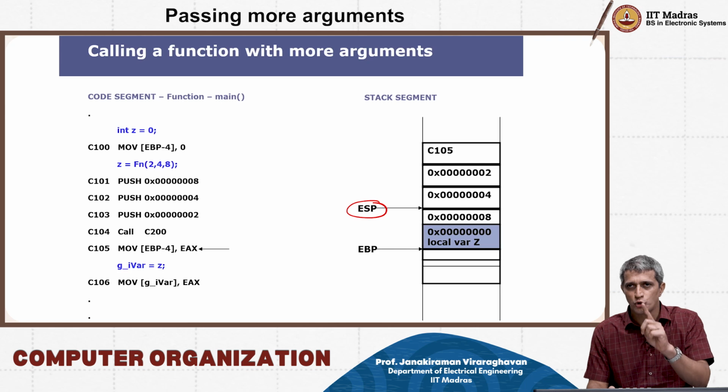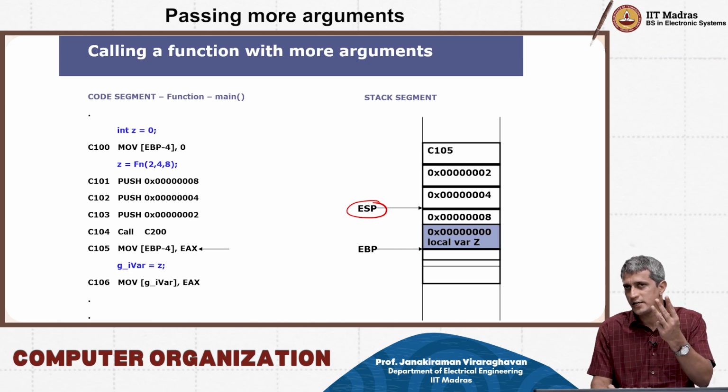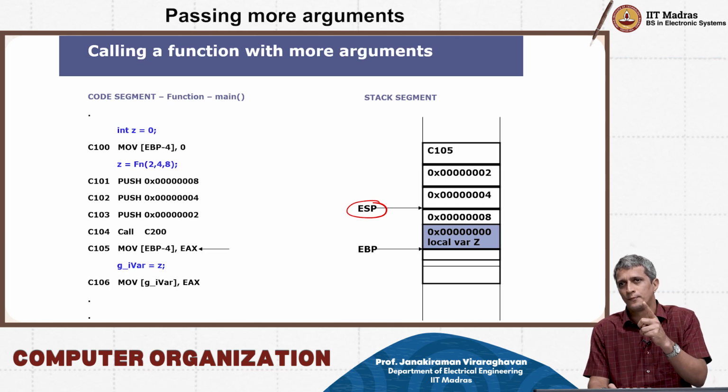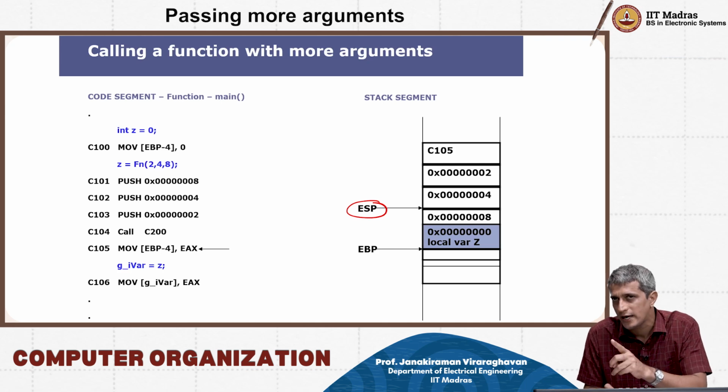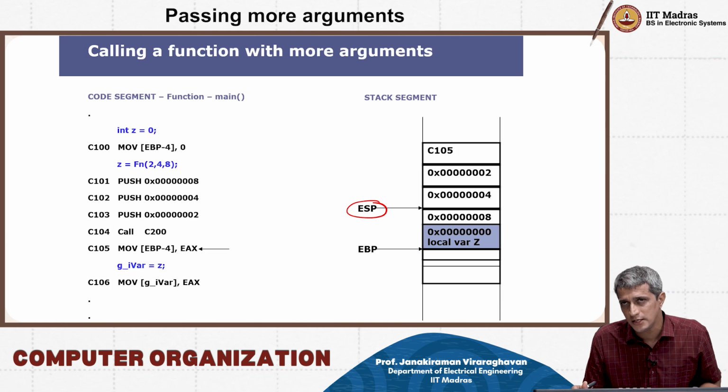Pushing is going to subtract ESP. We did 3 pushes of 4 bytes each, so it would have subtracted ESP by 12, right? But when we did ret 8, ESP is going to get added with 8, and therefore there is a mismatch of 4.